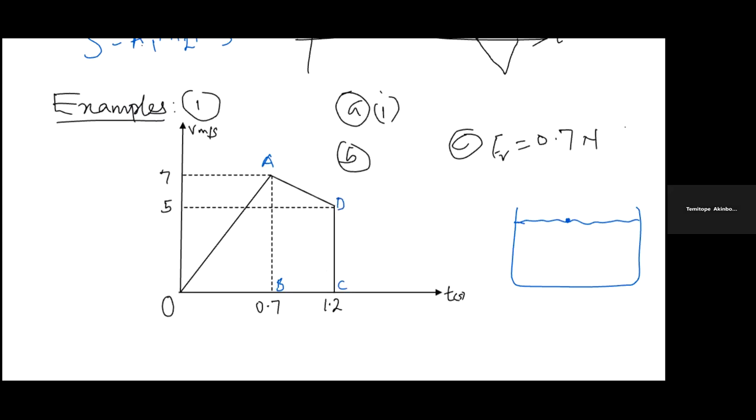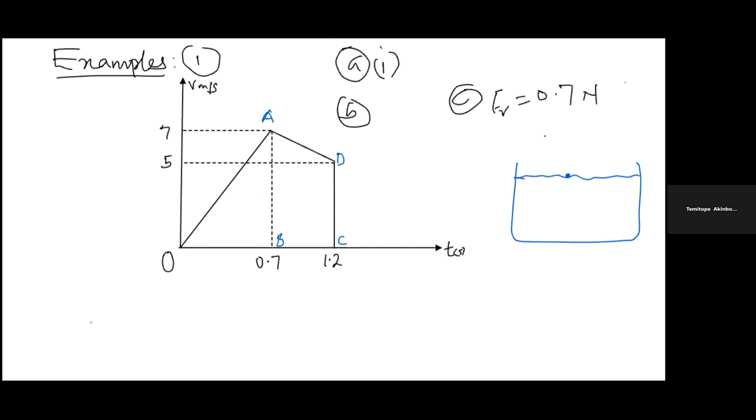That will afford you to get the height A. That's good. So consider triangle OAB. That's fine.